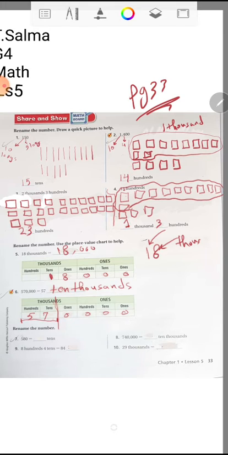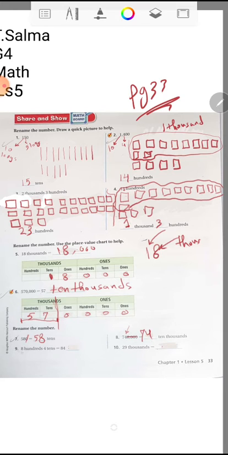Now, rename the number. If you want to write the number in tens, you will erase the first digit, so it will be 58 tens. If you want to write the number in 10,000s, look at number 8. This is the 10,000s digit, right? So you have to erase the zeros before it, so it will be 74.